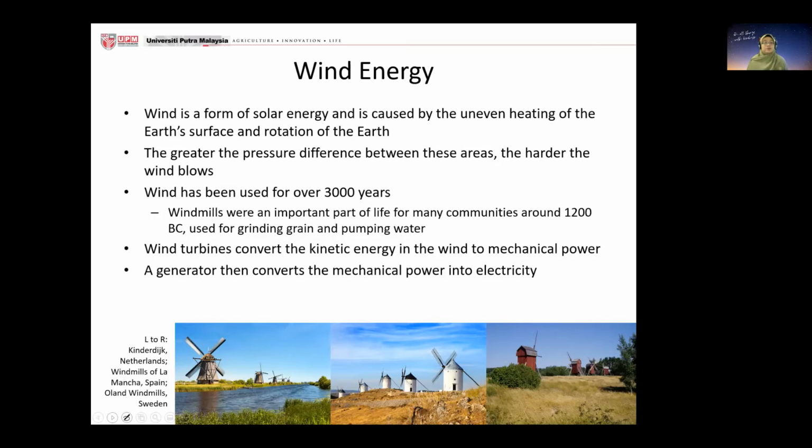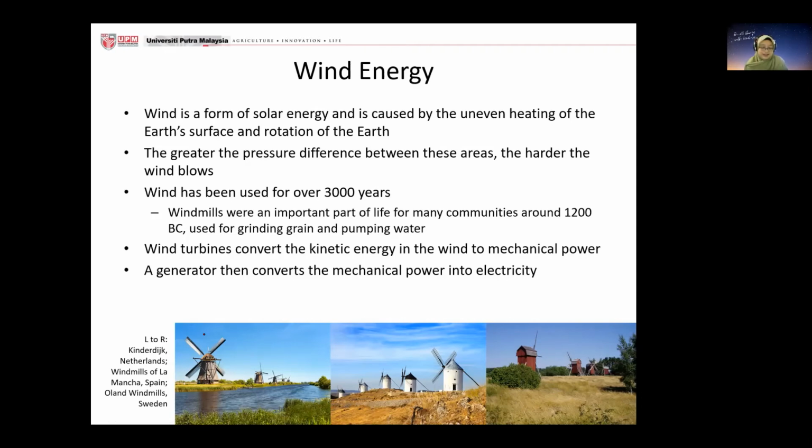So wind has actually been a source of energy for over 3,000 years. People in the medieval ages have used that. And it's an important part of many communities around 1200 BC, where they use it to grind grains and to pump water. That's a very iconic image.